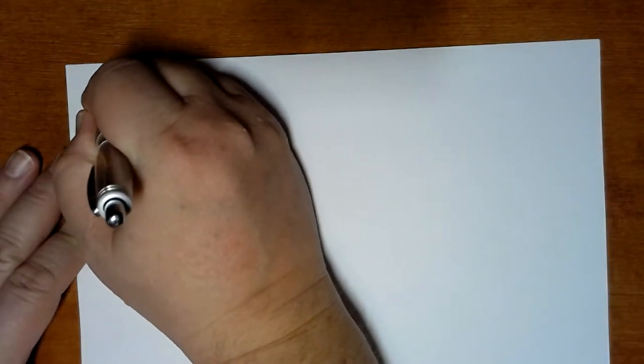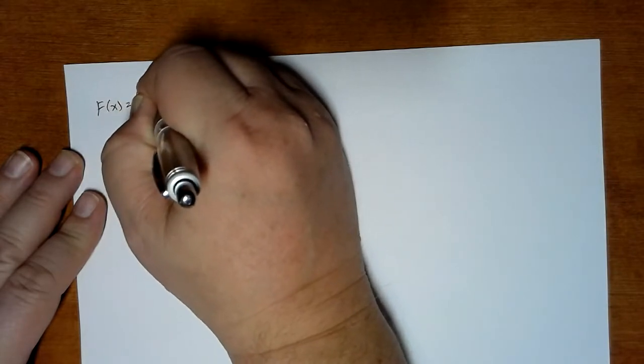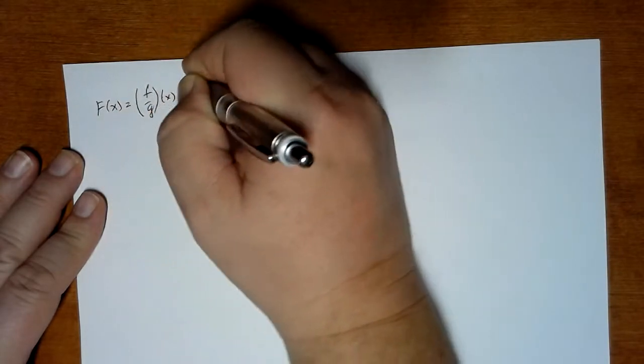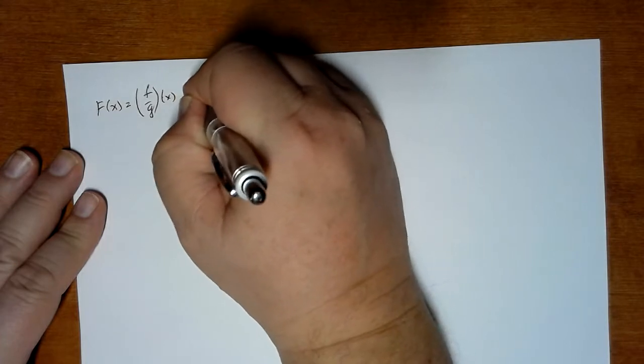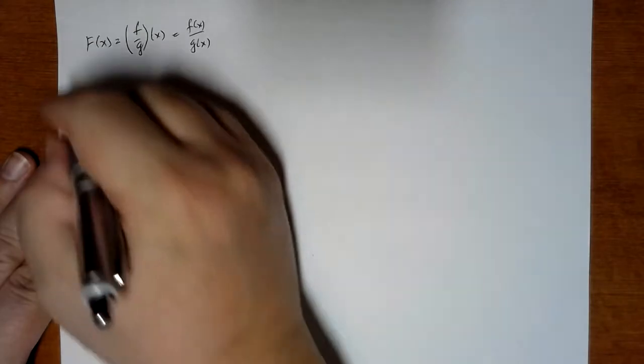Let f of x be equal to f divided by g of x, which you could just write as f of x divided by g of x. Now let's see if we can write our derivative.